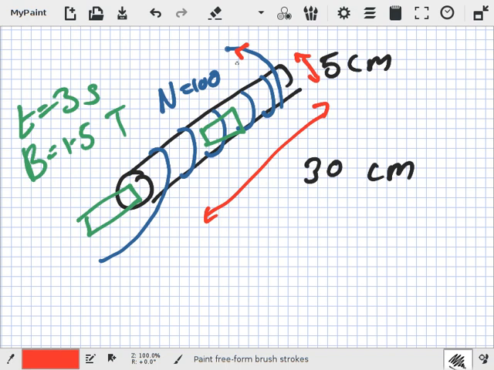So which formula do we need here? N times change in flux over change in time. And which is changing here, the B or the A? The B is changing. It goes from what to what? It goes from 0 to 1.5. I don't care about the direction, I just want to know how much voltage. Can you calculate that?